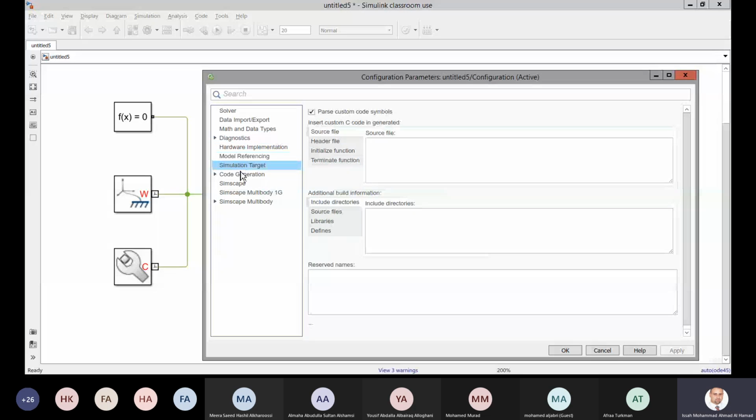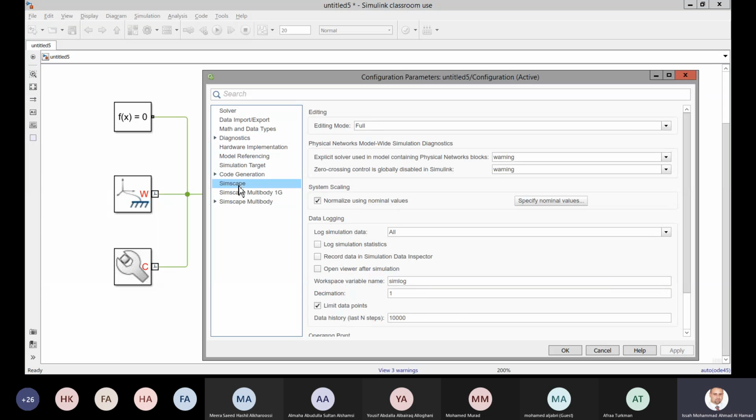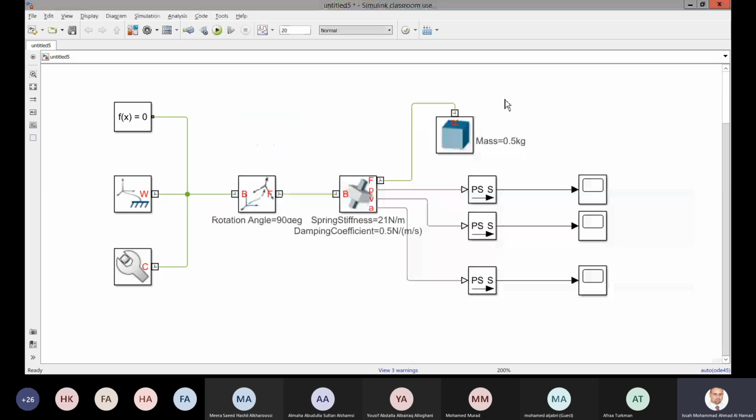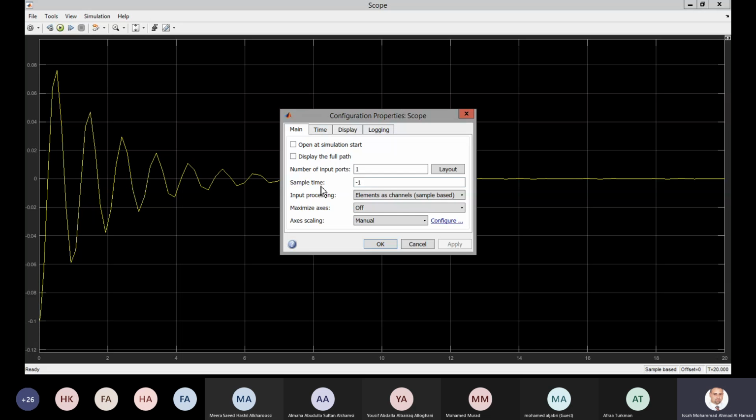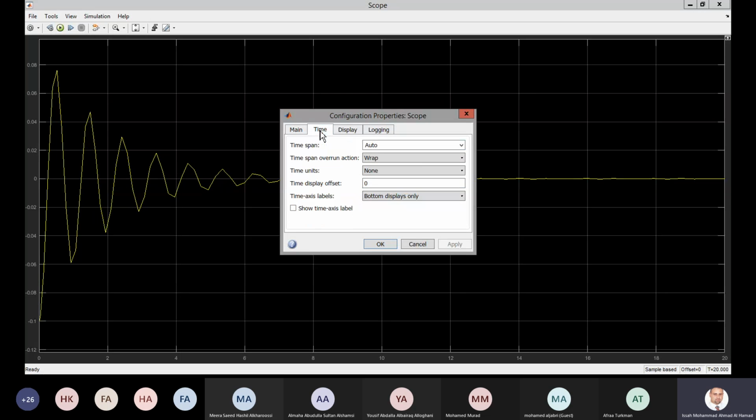But as we said, what we can do is to change the scale of the graphs. Let me check here. Sample time. Okay, time span: auto, user defined. Time display offset.